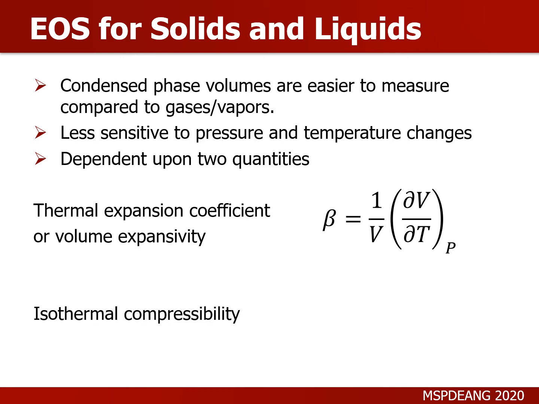And of course, you have your isothermal compressibility, which is kappa, equal to negative 1 over V times the change of the volume with respect to the change in pressure at constant temperature. So beta is the change of the volume with respect to temperature, and kappa is the change of the volume with respect to pressure. And naturally, kappa has a negative sign, because the higher the pressure, the volume should decrease a little.